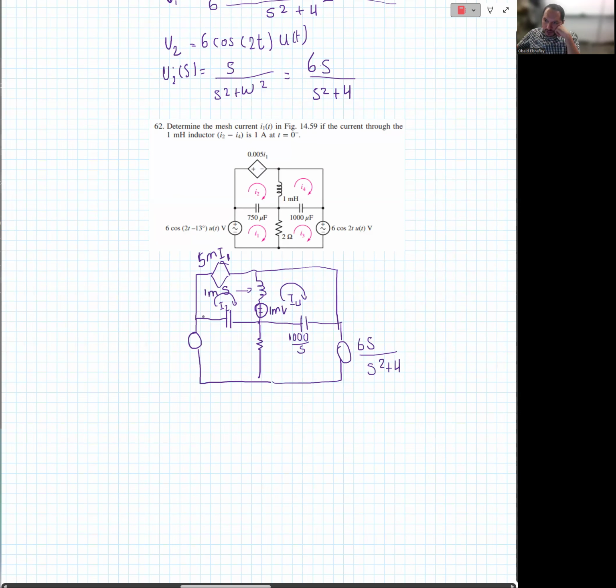Solving for cosine 13 and sine 13, I think it will be 5.8 S plus 2.7 over S squared plus 4.